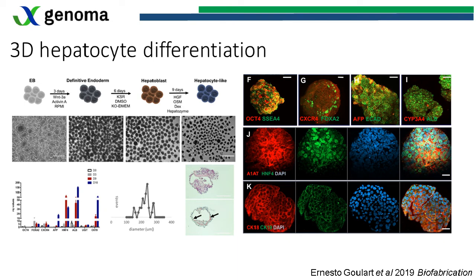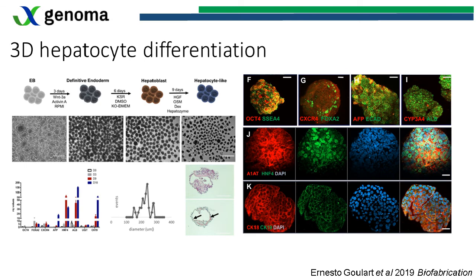And at the very end of the 3D differentiation process, the hepatic spheroids stain positive for CYP3A4, albumin, alpha-1 antitrypsin, cytokeratin 18, and so on. In order to put these spheroids in the hydrogel and perform the extrusion and layer deposition using the 3D bioprinter, we need to make sure that the spheroids could fit in the needle, so they won't get stuck when they get extruded through the needle.